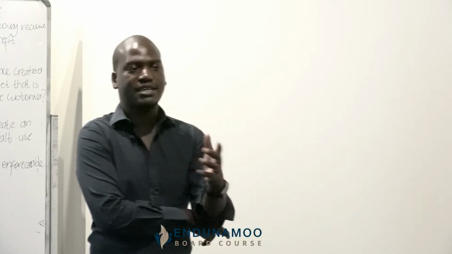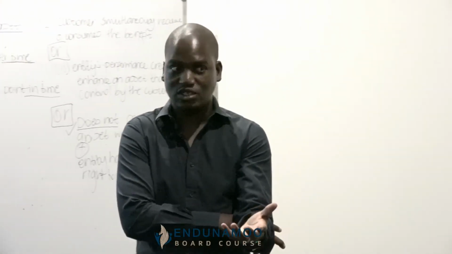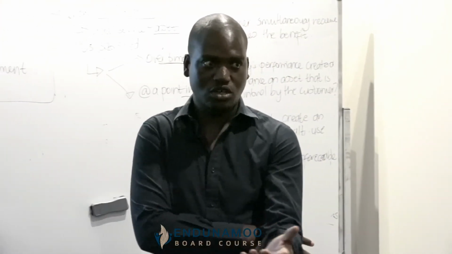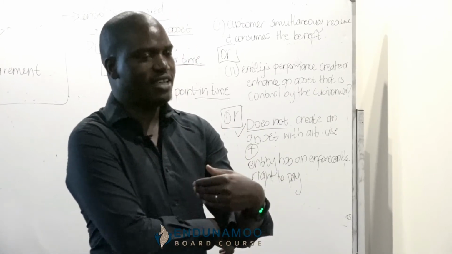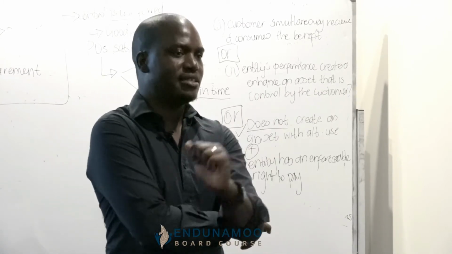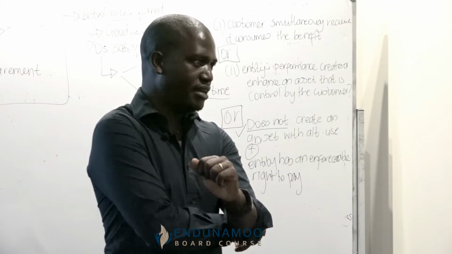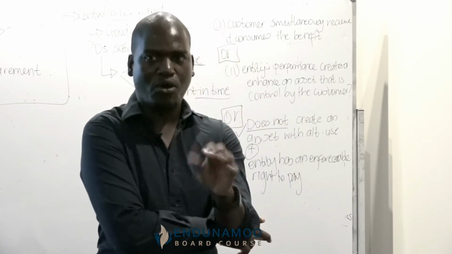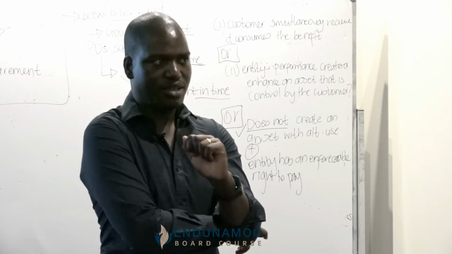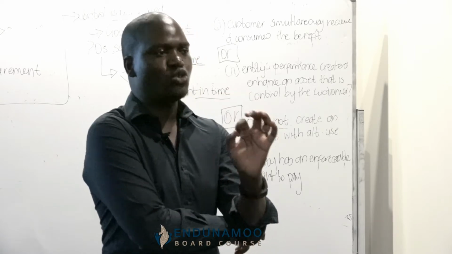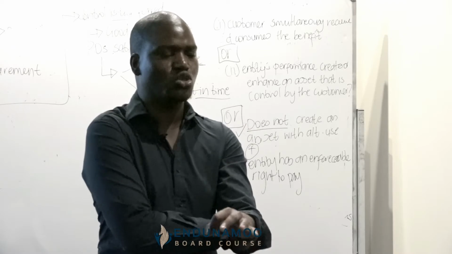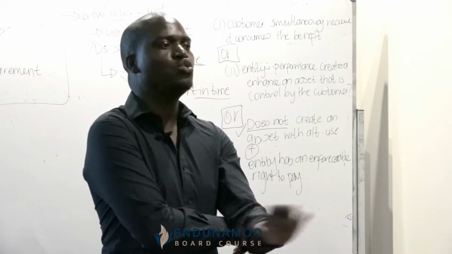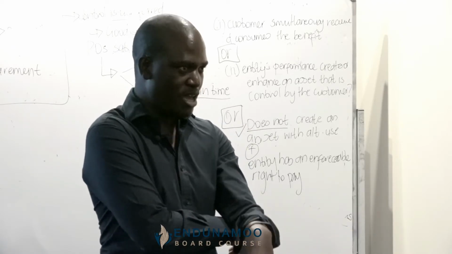But the problem is that the asset that you're creating has no alternative use. So you might then say that, guys, I had spent 100 hours here. And spending 100 hours means that I've been out of pocket 300,000. So if the client agrees to reimburse your out-of-pocket cost, then the standard is saying you do not have an enforceable right to payment.